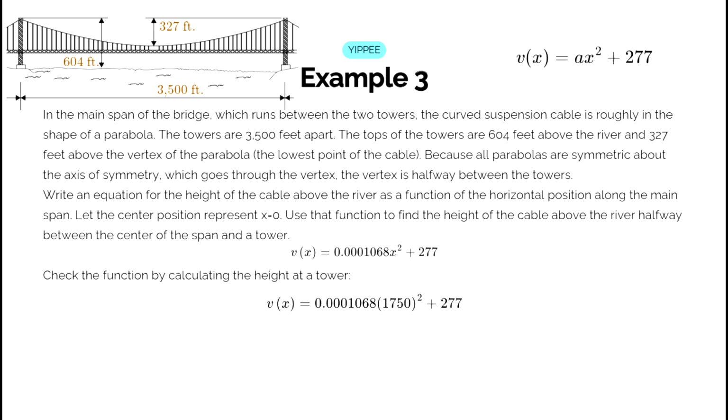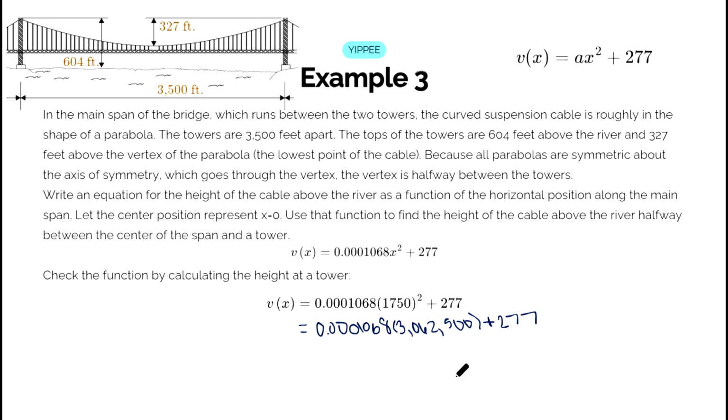1750 times 1750 gives us 3,062,500. So we have 0.0001068 times 3,062,500 plus 277.